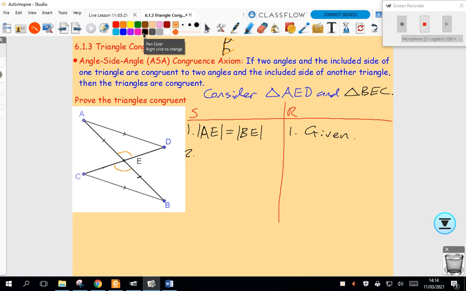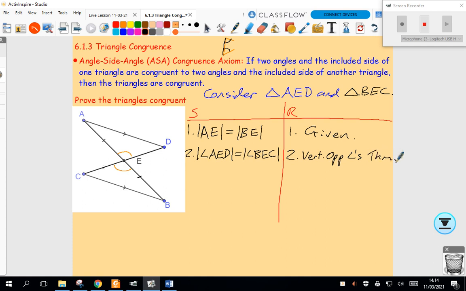So I'm going to say the measure of the angle AED is equal to the measure of the angle BEC, not the other way around. And that is my vertically opposite angles theorem.